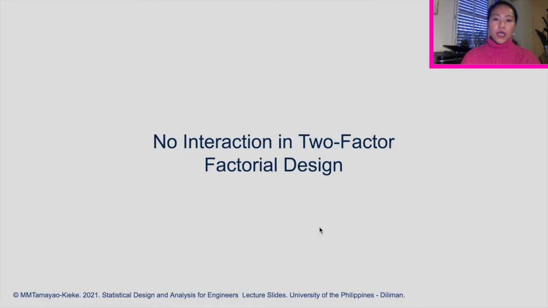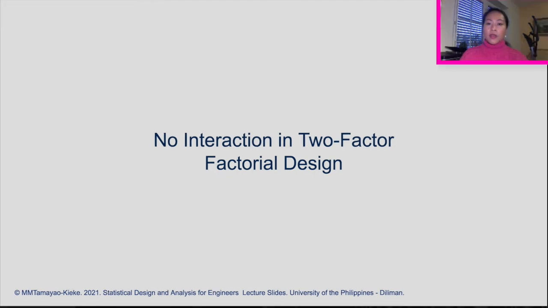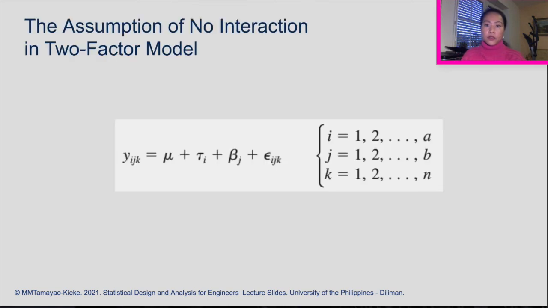Now let us proceed to the assumption of no interaction in two-factor factorial designs. There are instances when it is reasonable to assume that there are no factor interactions. The effects model can therefore be simplified and expressed as follows: y_ijk equals mu plus tau_i plus beta_j plus epsilon_ijk, for i equals 1 to a, j equals 1 to b, k equals 1 to n.